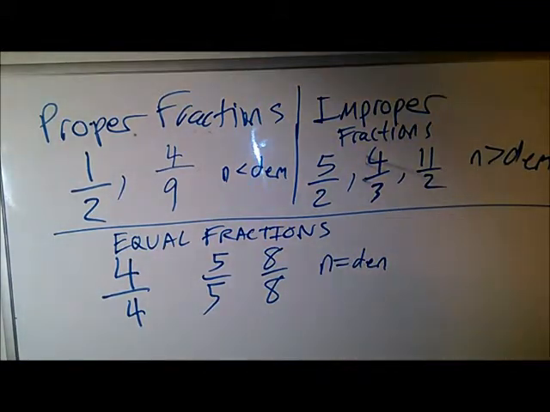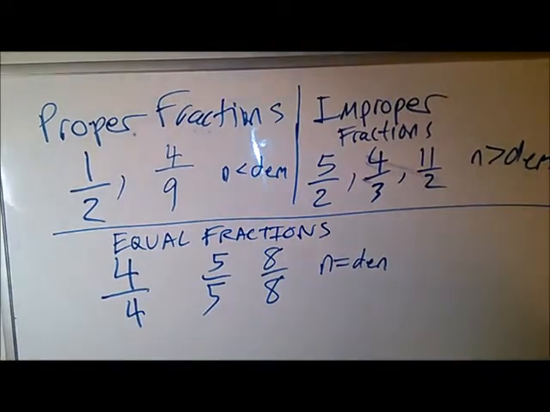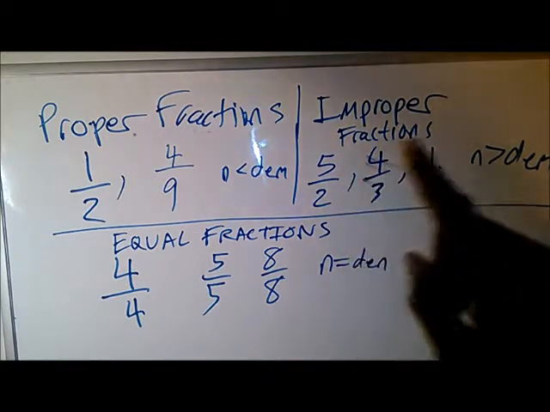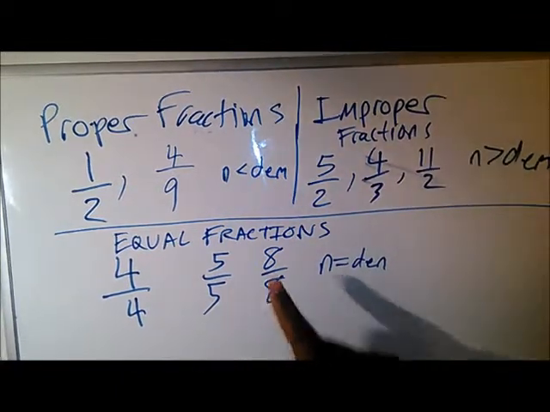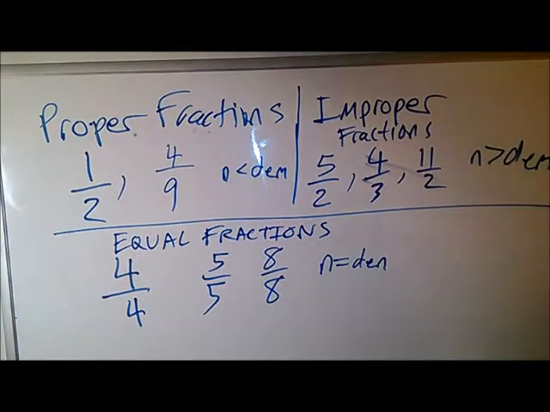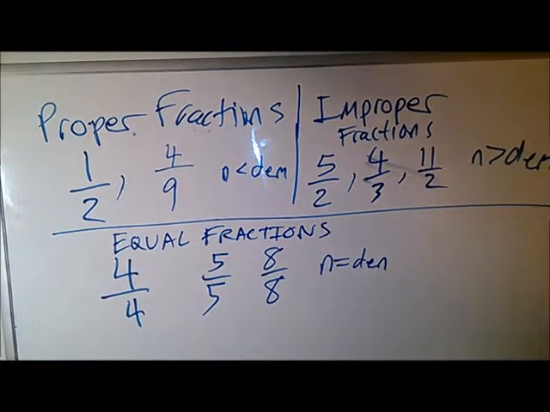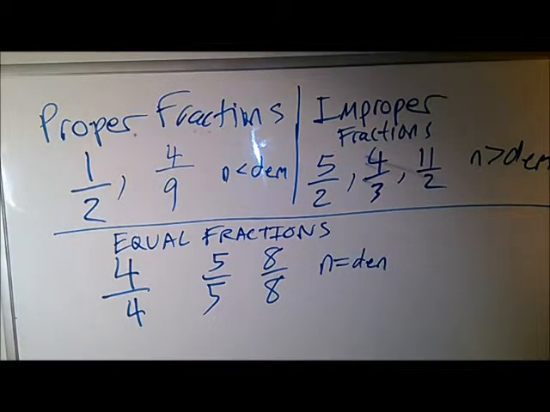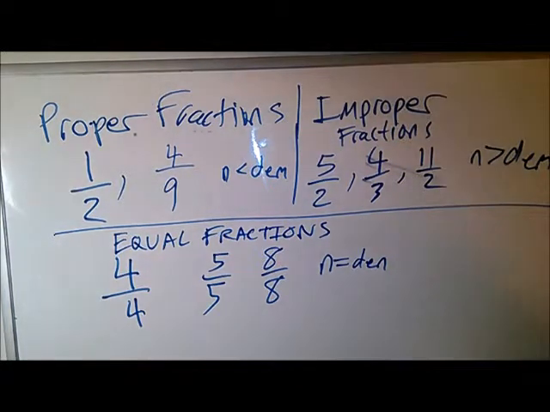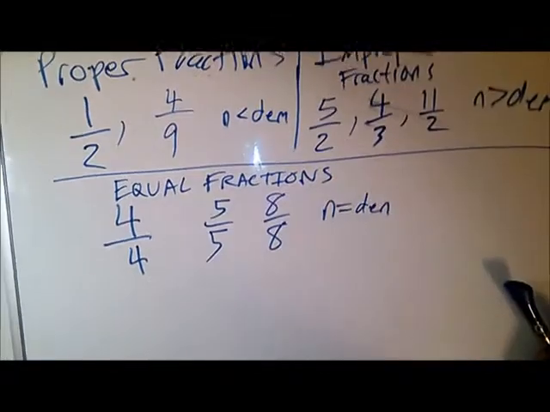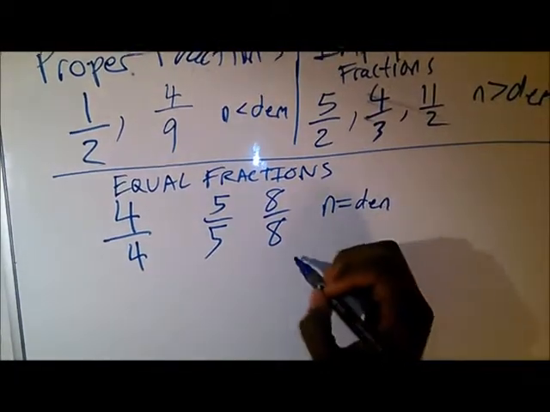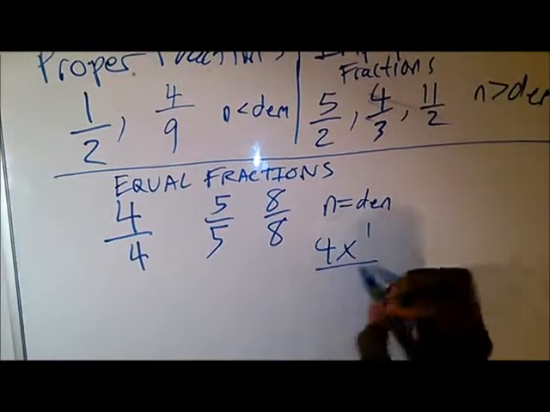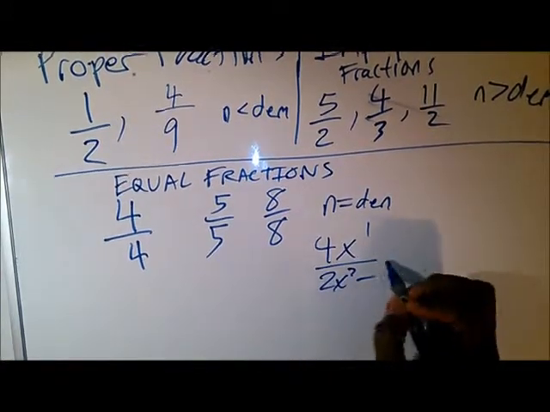Now, just as you have proper, improper, and equal fractions, we also have proper, improper, and let's call it equal rational equations. And the difference is that with rational equations, like the one you have here, you see 4x, 2x squared minus 8.